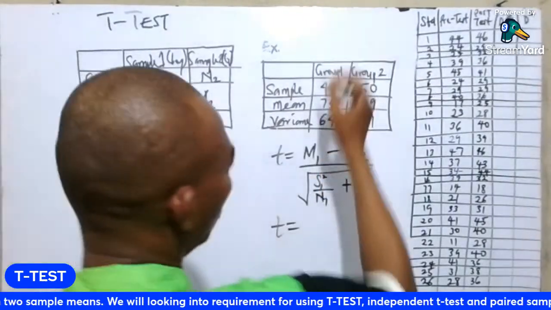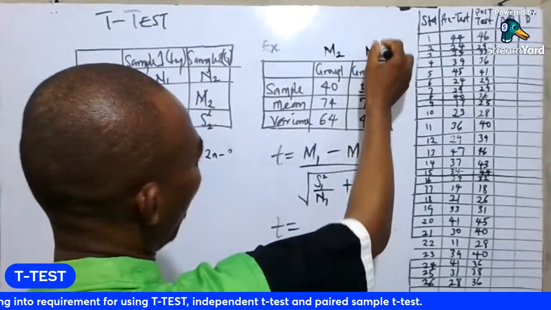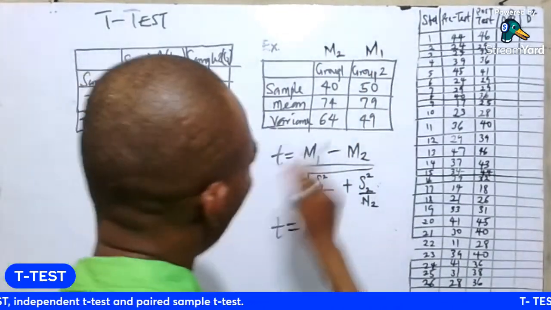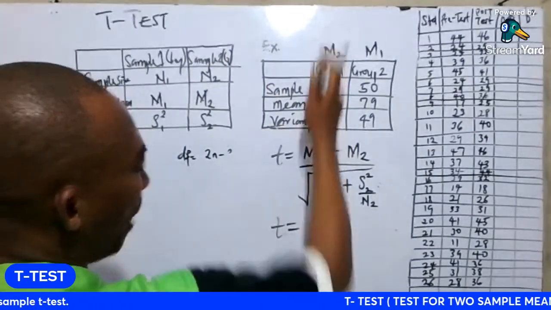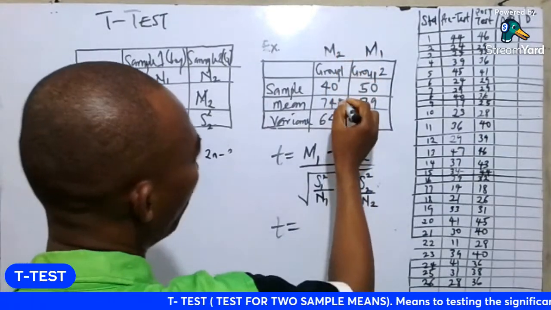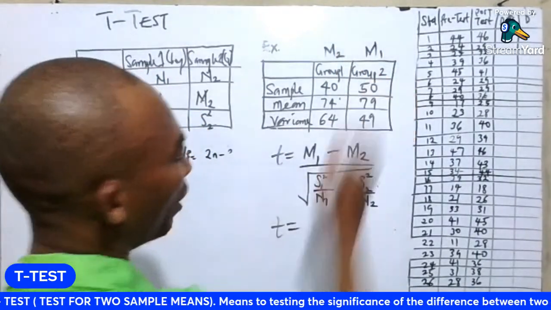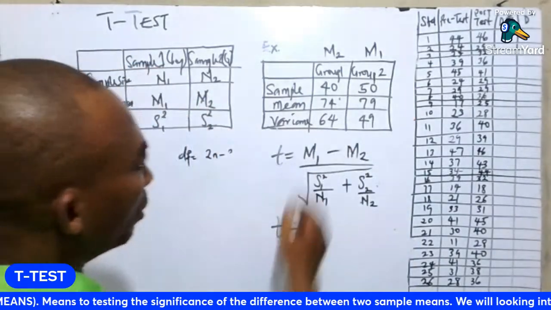I can decide that this is my M1, the first group, and that is my M2, or the other way round. Here M means the mean value. The mean value for this one is 79.